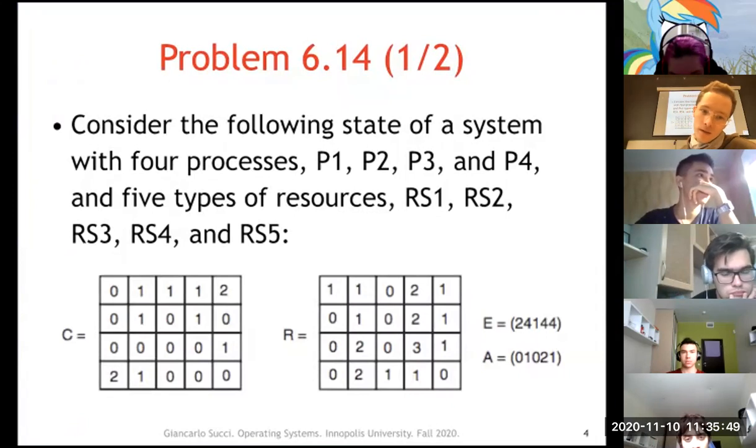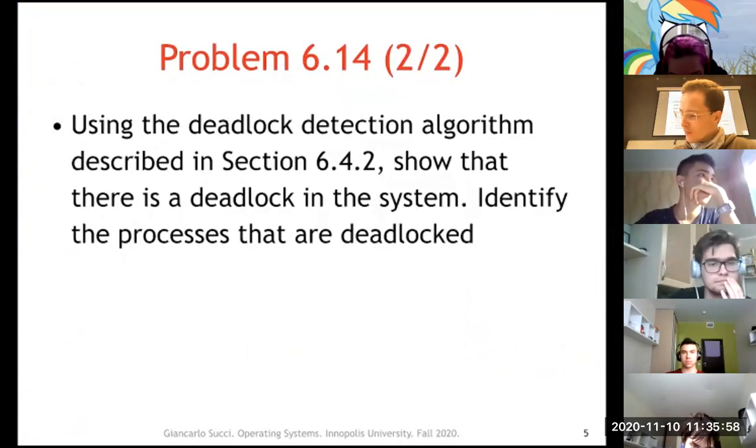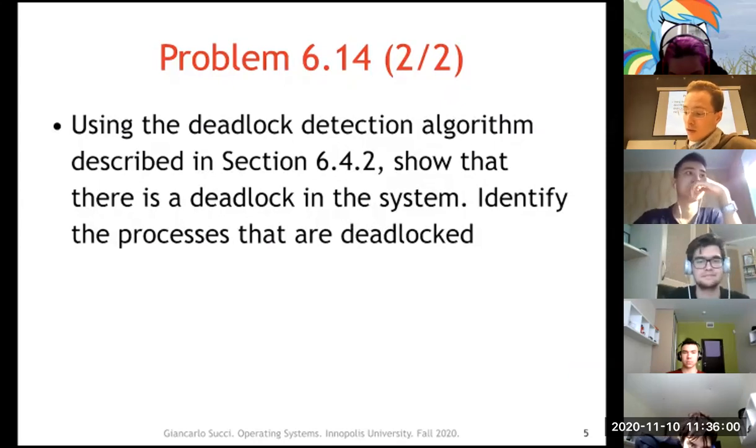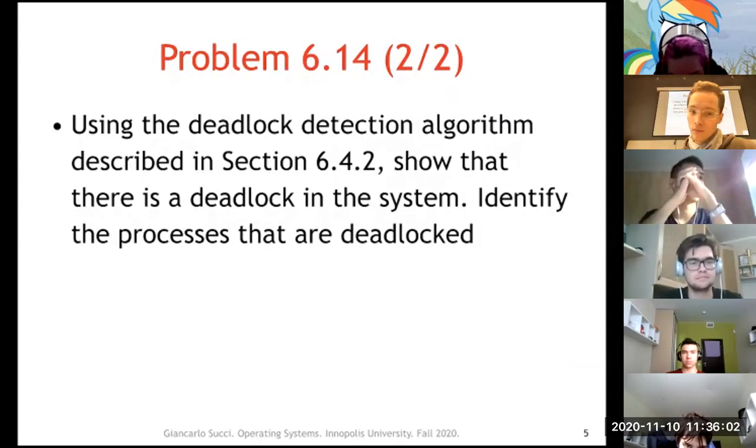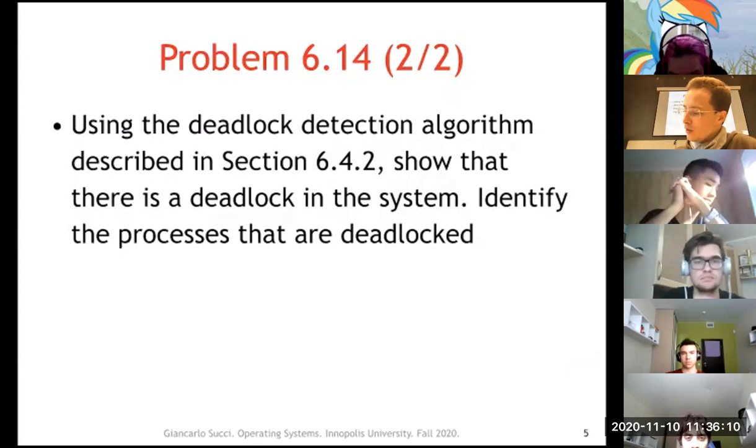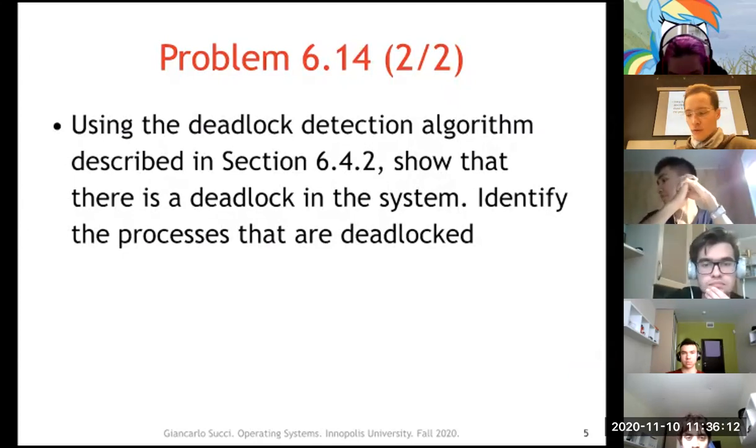Okay. Consider the following state of a system with 4 processes and 5 types of resources. You considered already? Okay. Using the deadlock detection algorithm described in 6.4.2, which is it? Deadlock detection. Show that there is a deadlock in the system. Identify the processes that are deadlocked.